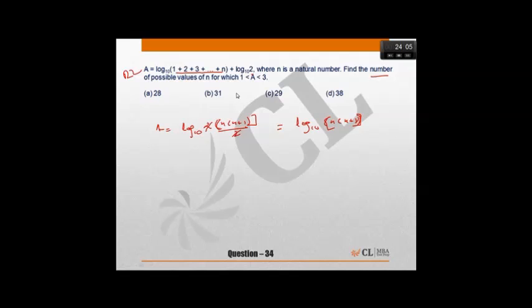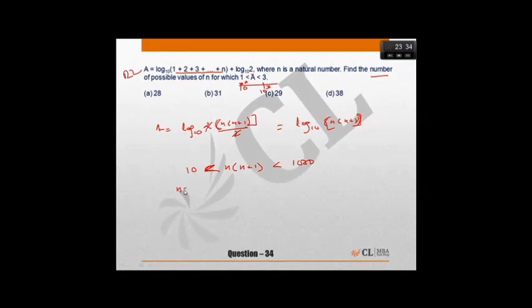Find the number of possible values for which A lies between 1 and 3. That means this has to be greater than 10 to the power 0 and less than 10 to the power 3. So n into n plus 1 should be greater than 10 but less than 1000. For n equal to 2, 2 into 3 is 6, then 3 into 4.